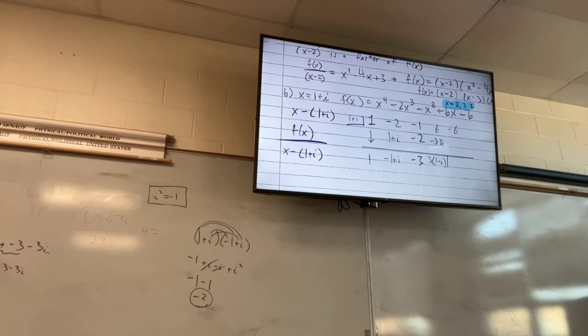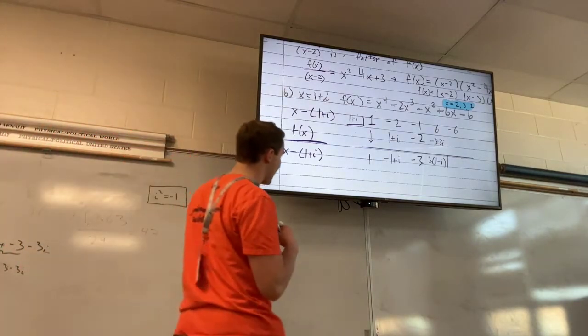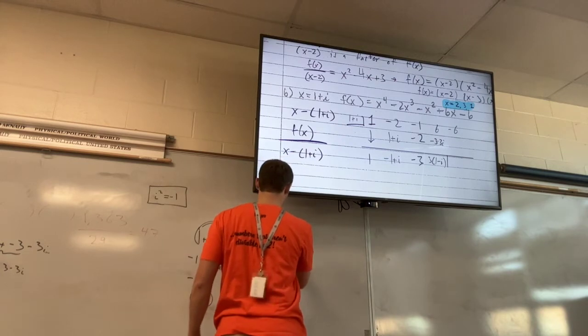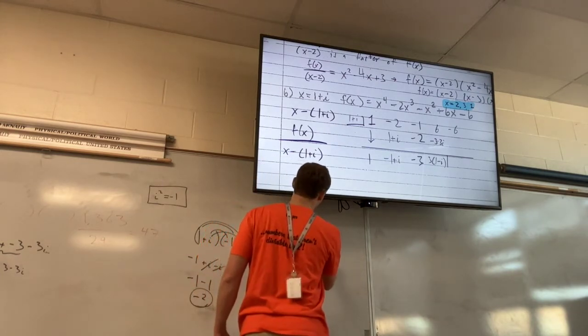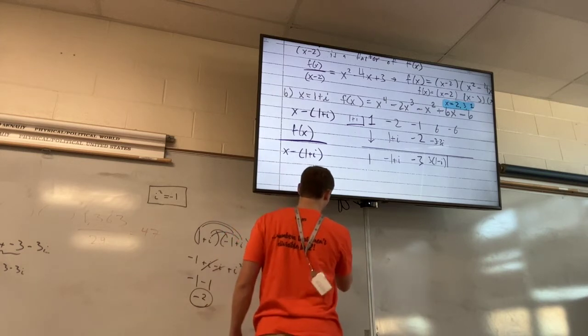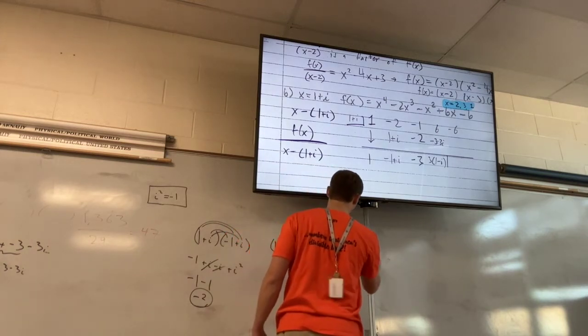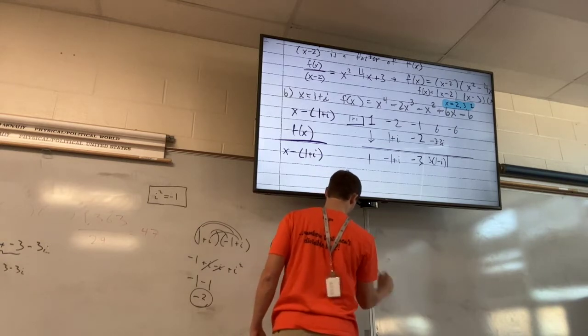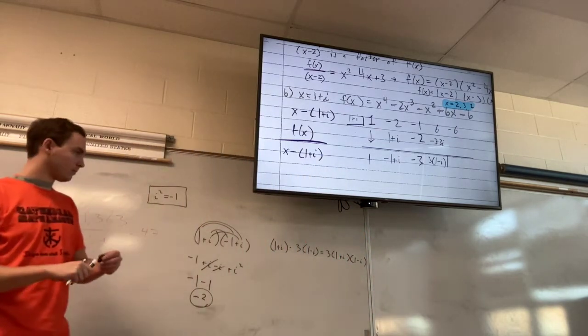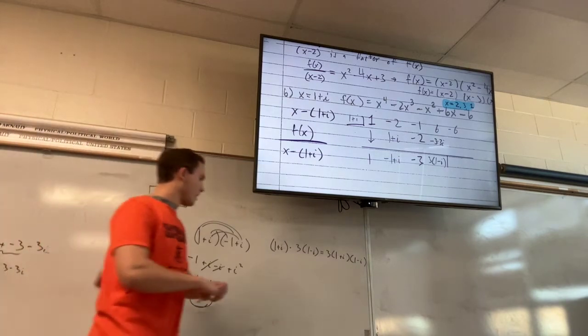If I factor out that 3, then I've got to do 1 plus i times 3 times 1 minus i. I'm just going to rearrange my factors here. Okay. So let's FOIL.